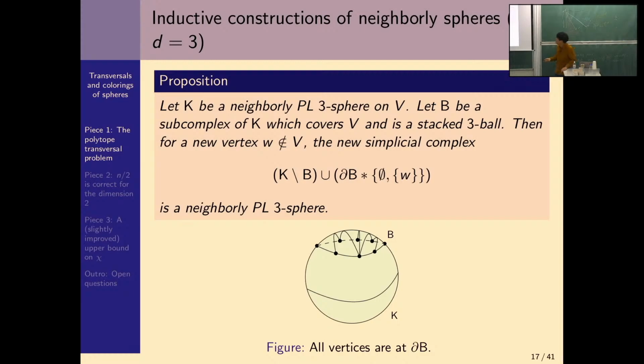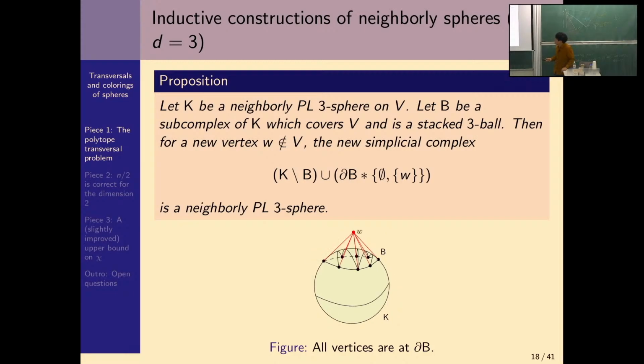Then we add a new vertex at the top and add all the edges like this. This gives all the edges between them. But what about the edges between them? This should also be satisfied because K was supposed to be a neighborly sphere, and in higher dimensions not only the vertices but edges should be at the boundary. So this construction gives another neighborly sphere of one size higher.